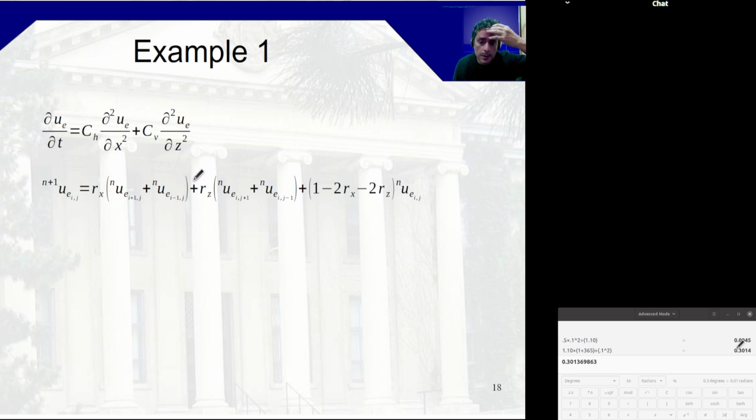But since Rx and Rz are the same in our particular case, we can just say it's equal to R2D times all the neighbors in the past time plus 1 minus 4R times the same node in the previous case.